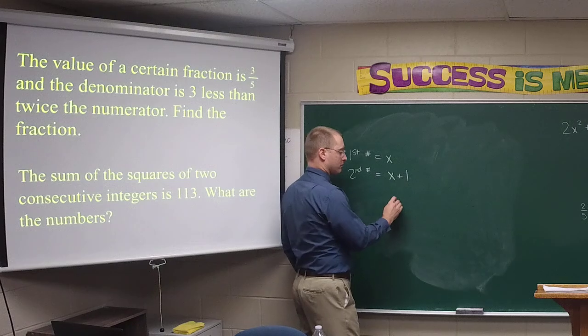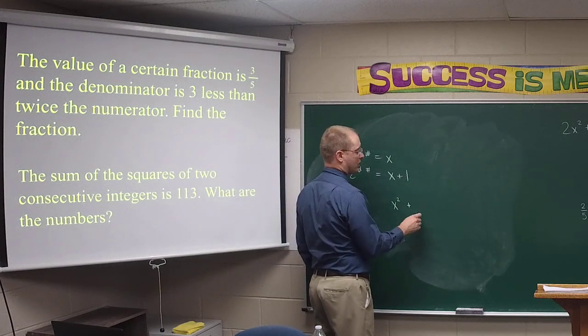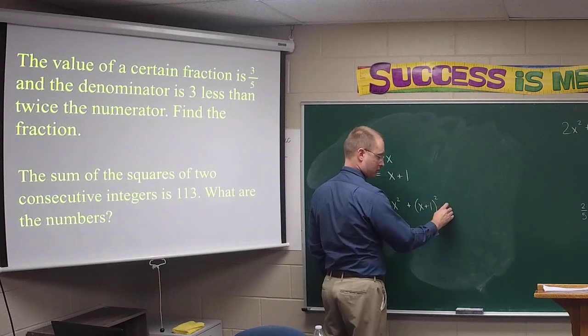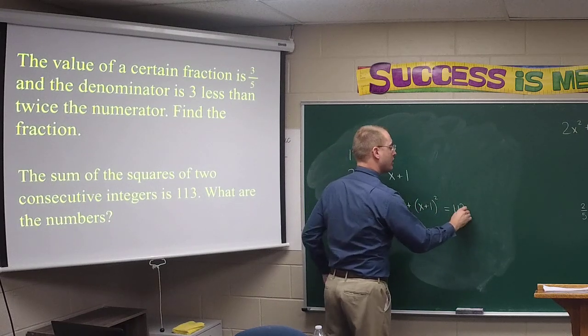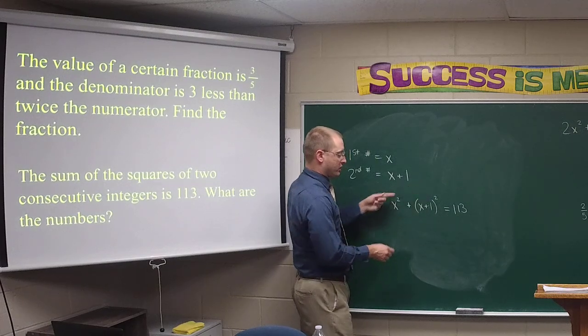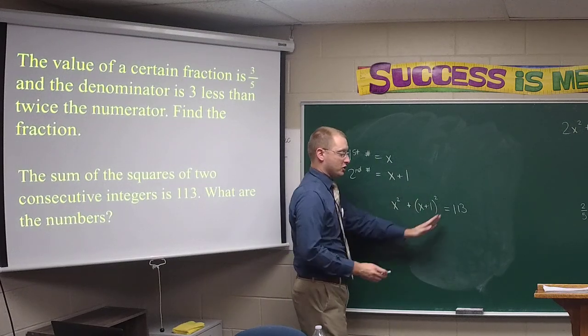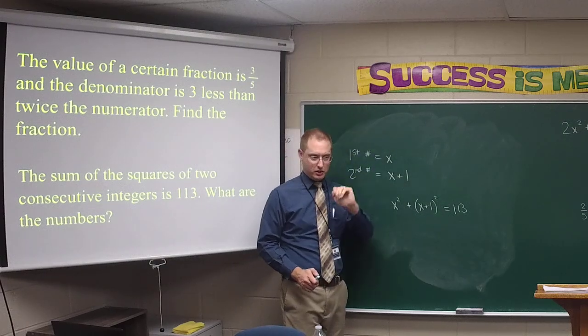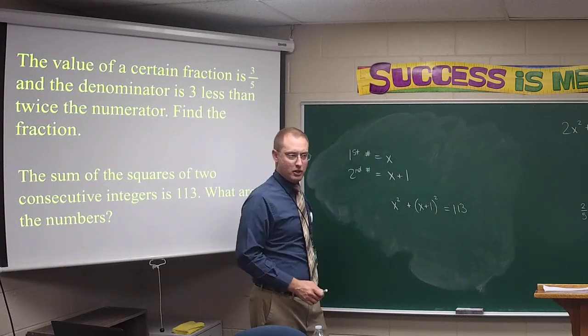X squared plus x plus 1 squared equals 113. There we go. The sum of the squares of these 2 consecutive integers is 113. How many thinking the same thing Abby said? Any questions on that? All right, what do we got to do to solve now, Audrey?